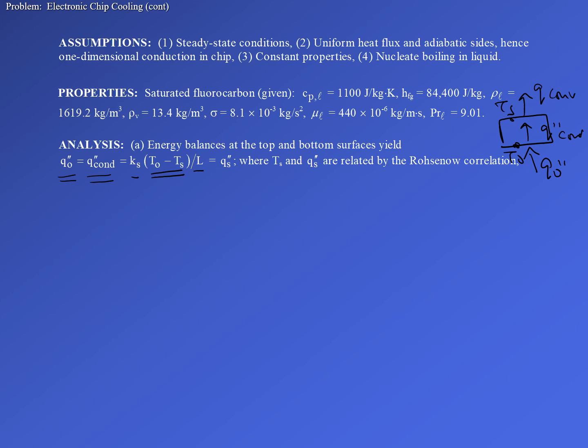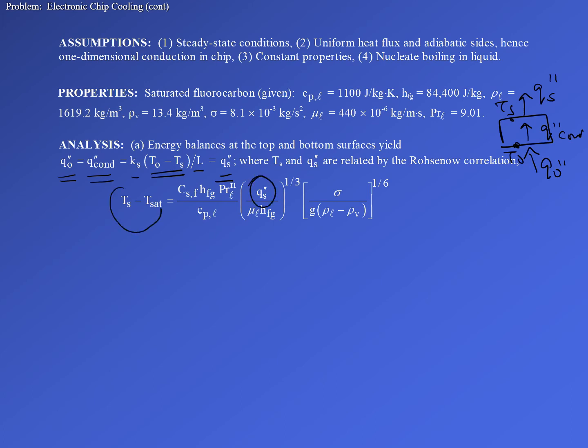Okay, so that's one equation we have, and this is equal to Qs double prime, which is the convection. I'll write it Qs double prime, because that is what we have been using for the energy loss from the surface. And this relation between Qs double prime and delta T excess is what we just saw in the correlations I showed you.